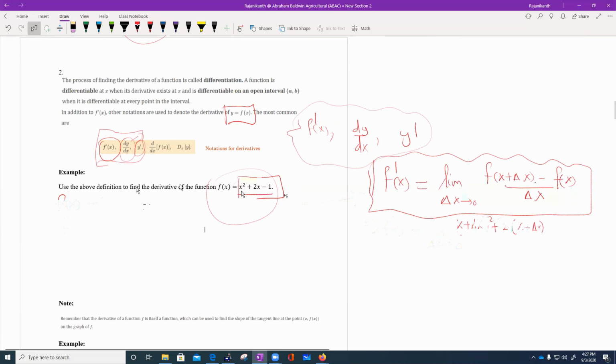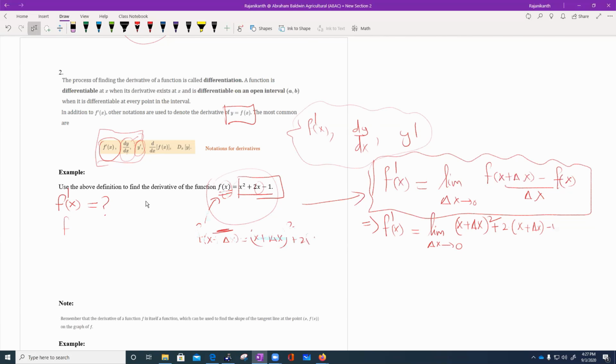Then plus 1. So what I'm doing is simply finding f of x plus delta x. How do you find that? Simply take the f of x function and replace x by x plus delta x. So you will get x plus delta x squared, then this 2x will be 2 times x plus delta x, then plus 1.